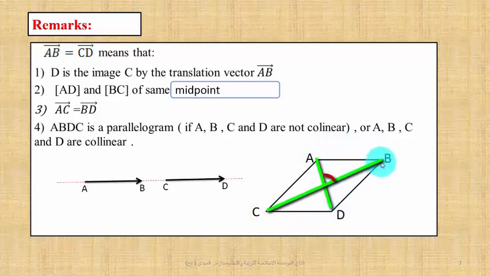Segments AD and BC have the same midpoint. Vector AC equal to vector BD, and ABDC is a parallelogram if the 4 points are not collinear, or if the points A, B, C and D are collinear, you have this figure.